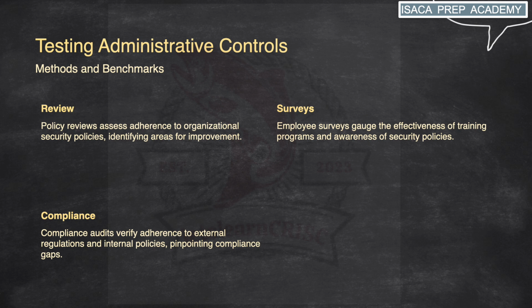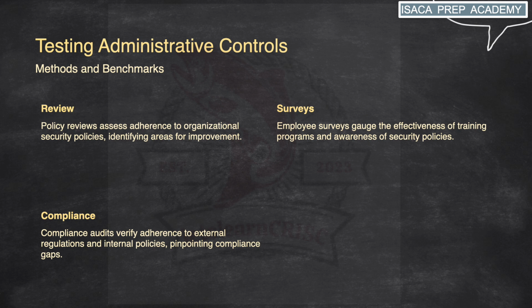And friends, by conducting compliance audits, organizations can identify any gaps or deviations from regulatory or policy requirements, enabling them to take corrective actions to address these issues promptly.